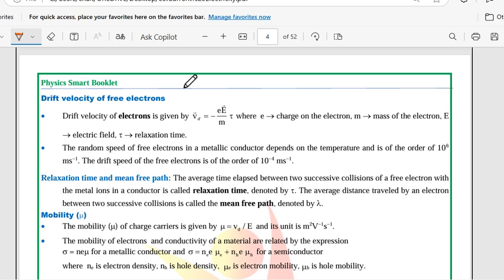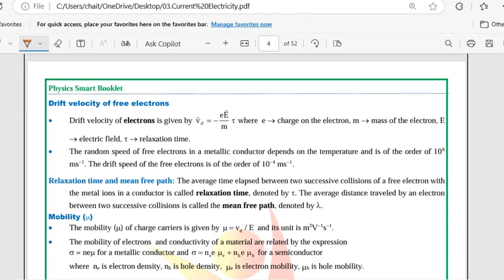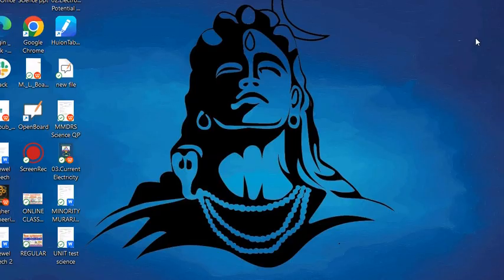Drift velocity of free electrons. What do you mean by drift velocity? Before going to discuss, let me consider a small example.